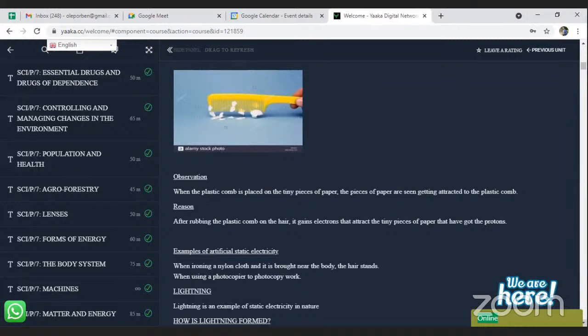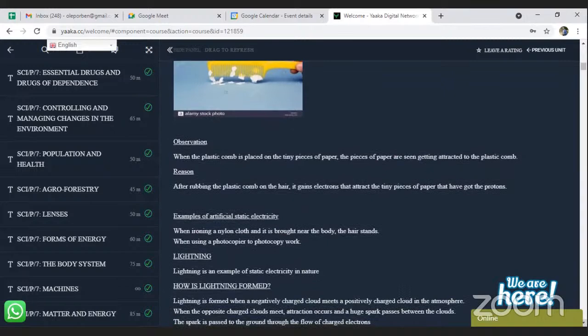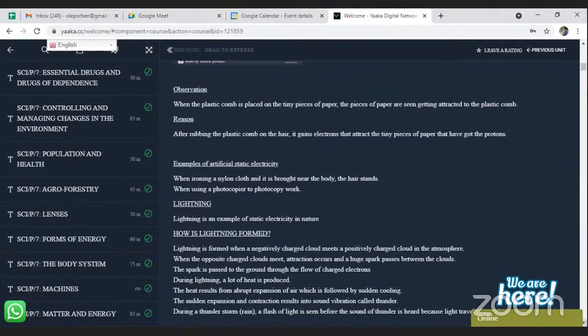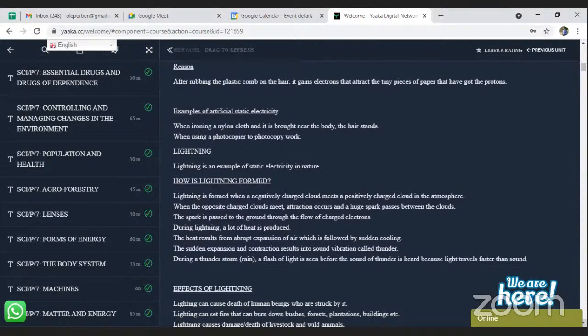After rubbing the plastic comb on the hair, it gains electrons that attract the tiny pieces of paper that have got the protons. The reason why that comb attracts the pieces of paper is because it is charged. You just give a short answer and say it is charged with the protons and electrons.